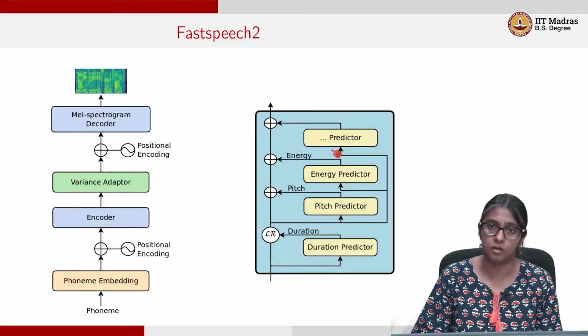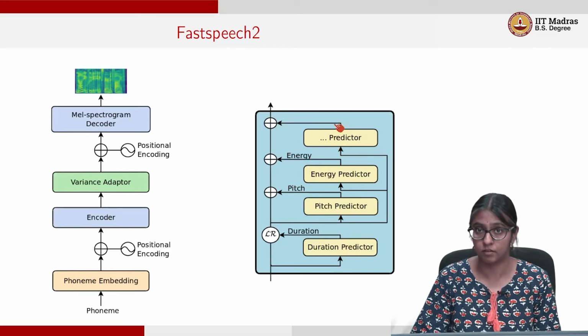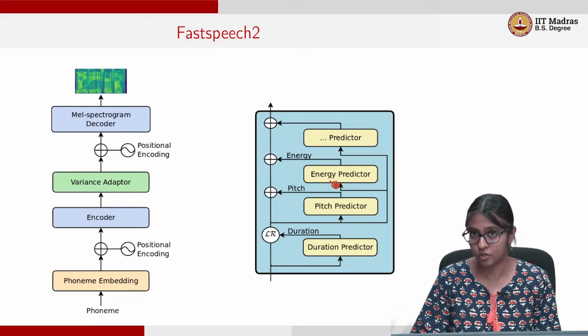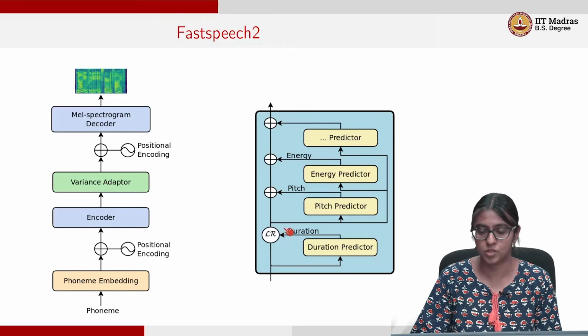You can include any other predictor if you wish. And then during training, from the ground truth we extract pitch and energy values, but during synthesis, whatever has been learned, those energy and pitch values will be used.